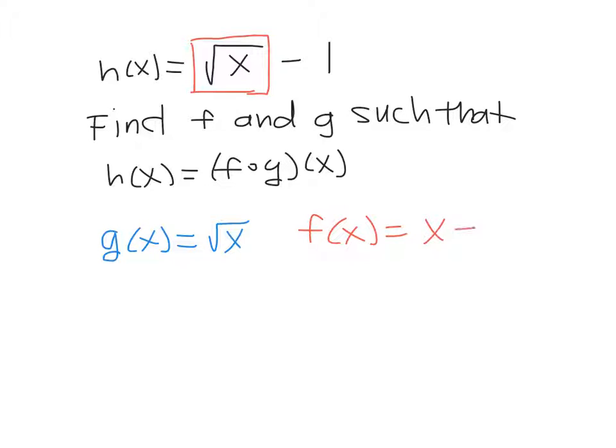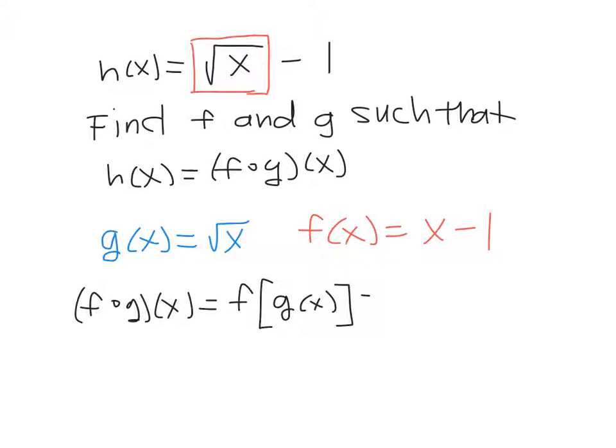x minus 1. So when we go to take f composed of g of x, we're going to take f and we're going to plug in g. So f is our outside function. We replace this x with g of x.